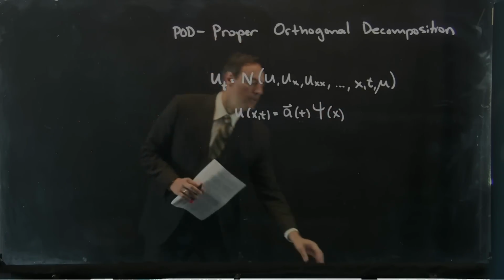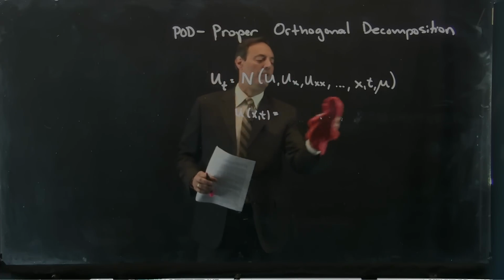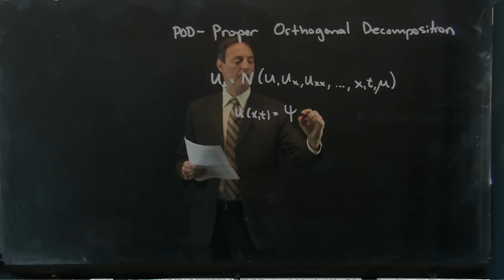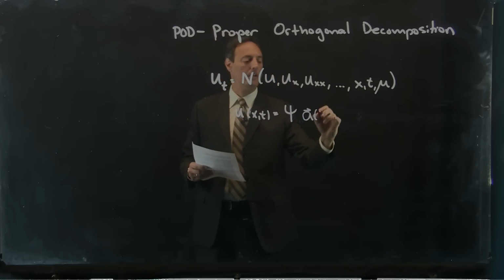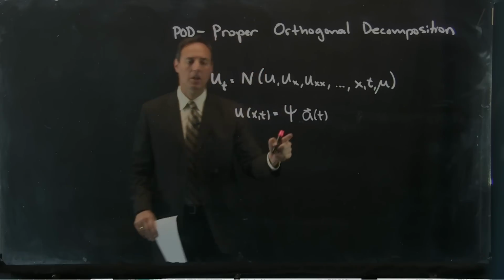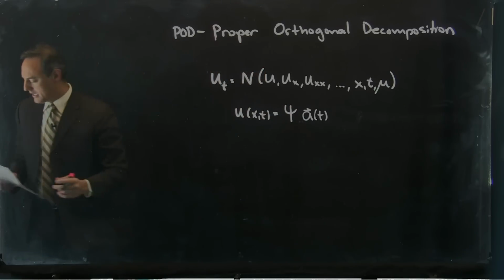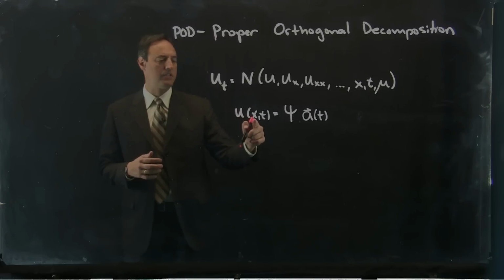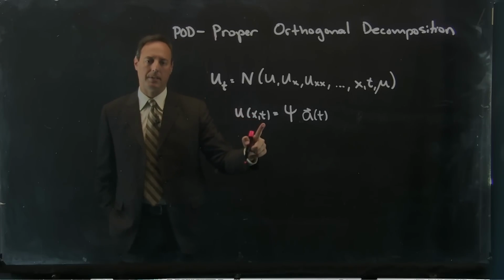Actually, I need to write these backwards. This will be a matrix, and this will be a function of t. So the idea behind separation of variables is to say I have x dependence and I have t dependence.